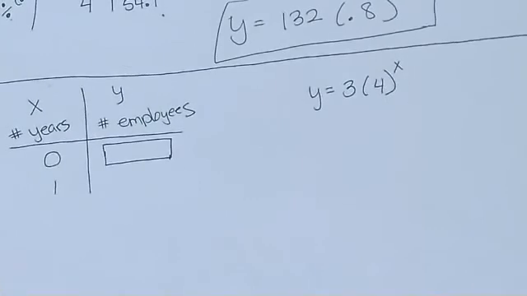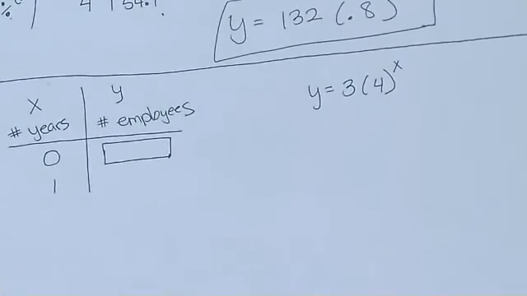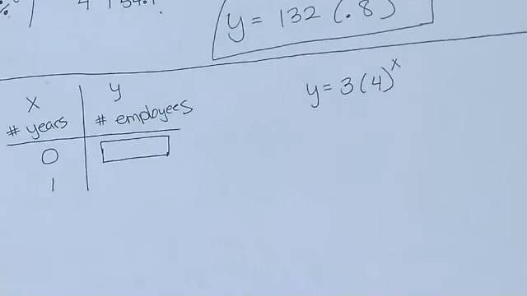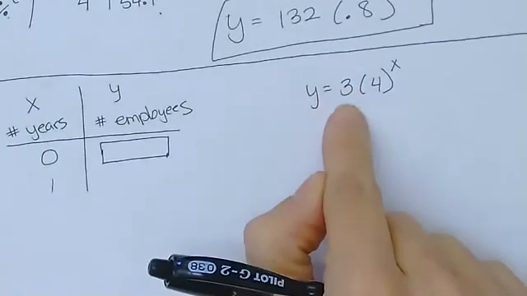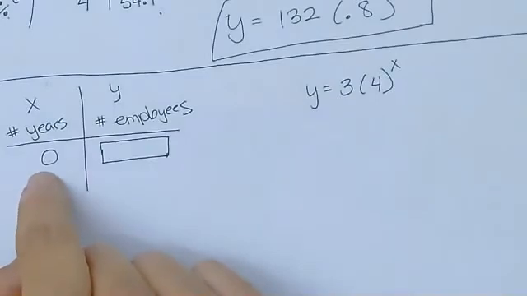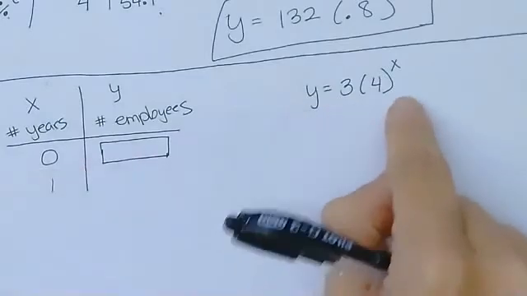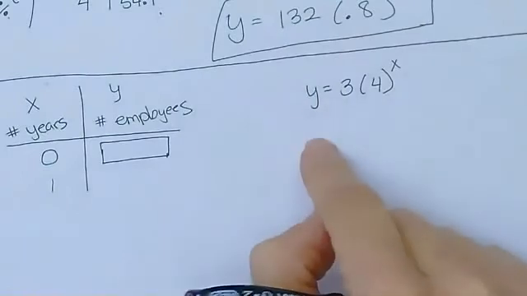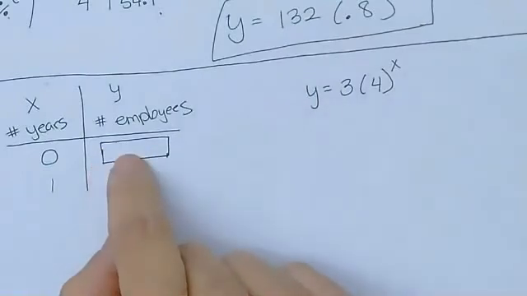Okay, so number of employees when the company was founded. Two ways to figure it out. One is to take this equation and change the x to a 0. The other is just to know, based on the equation, which number is the y-intercept.